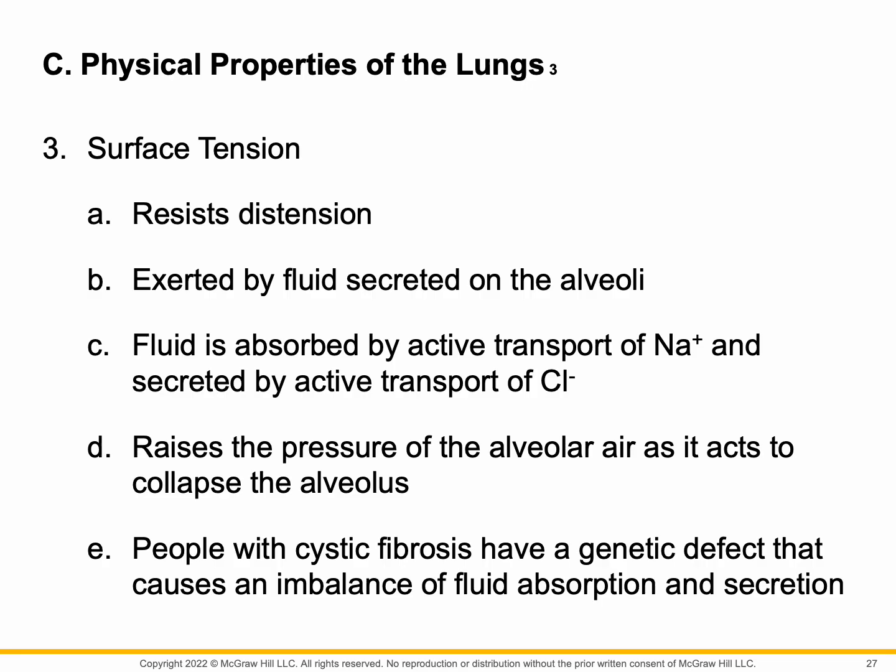Alveolar surface tension, reduced by pulmonary surfactant, significantly increases the lungs' compliance by making it easier for alveoli to expand. So even though surface tension will resist distension, surfactant reduces that surface tension and makes the compliance of the lung greater.